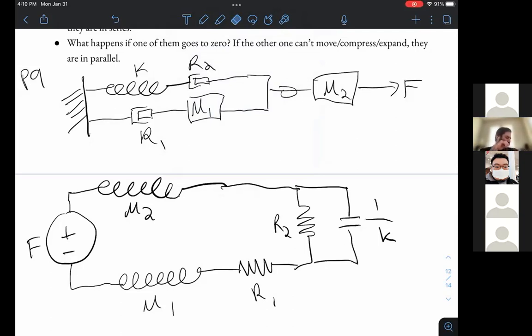And then we sort of checked the other ones already. We said that if M2 goes to infinity, the spring system stops moving altogether, right? And if M2 goes to infinity here, if this goes open circuit, that stops everything from working. So that's right. And the same is going to be true for R1 and M1.